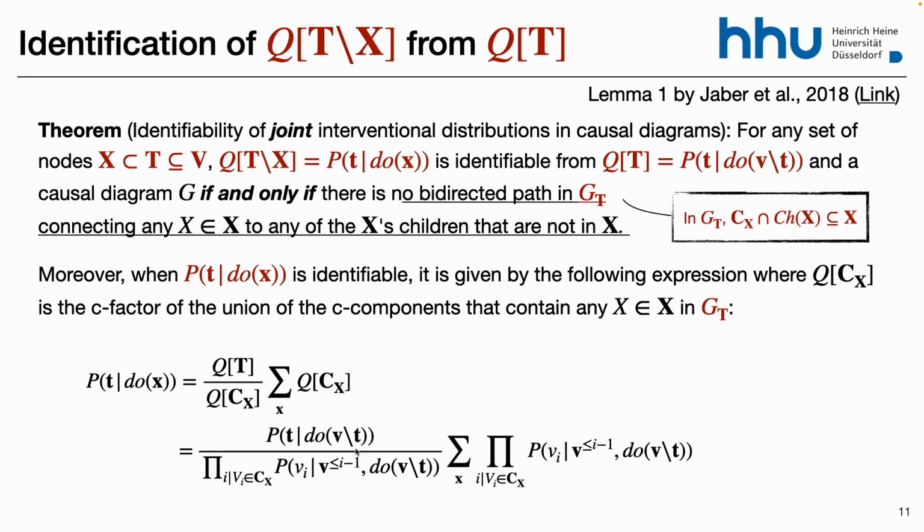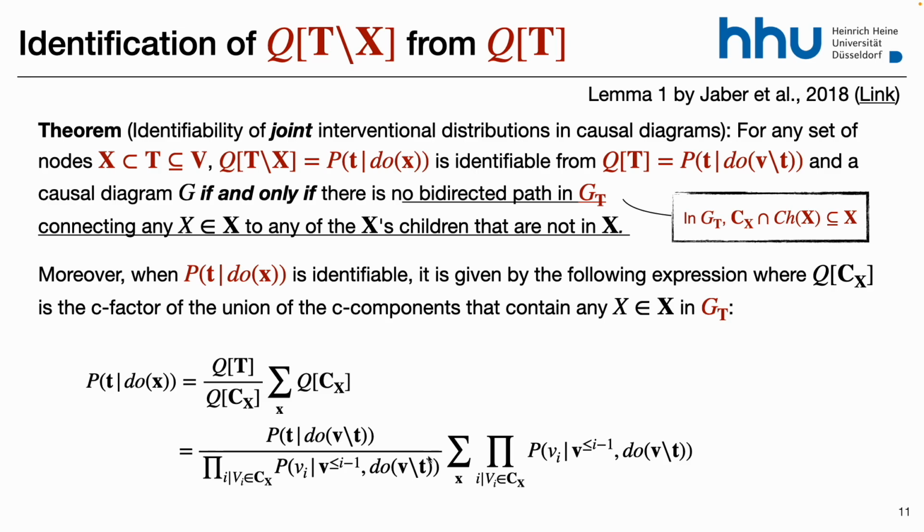So basically, before, we assumed that we have the observational distribution, the P of V. Now we assume that we have the probability of T given do V minus T, which is QT. So just assume that you have it. It's a weird notation, but it's a probability distribution. You have an expression for it.